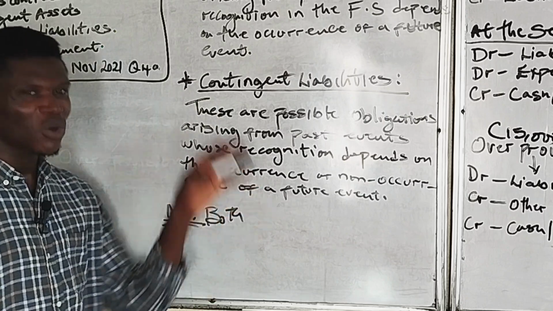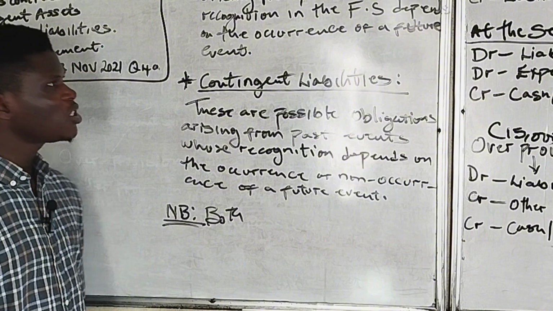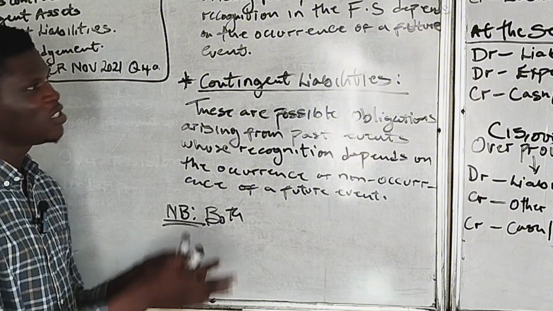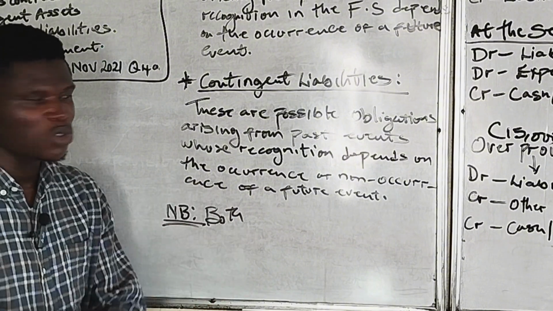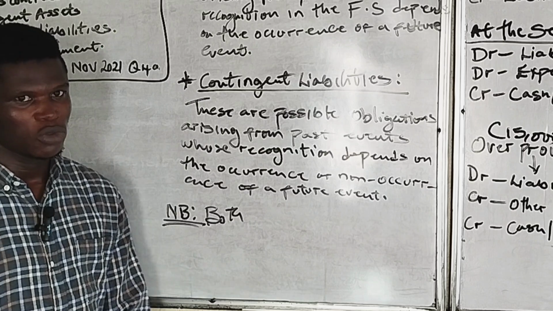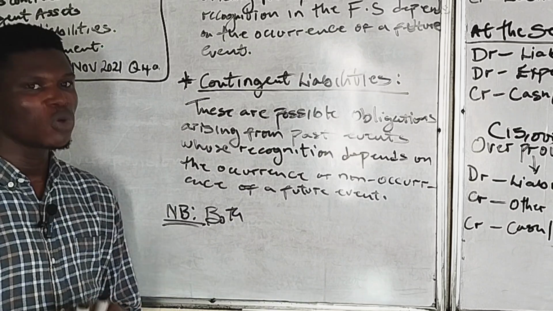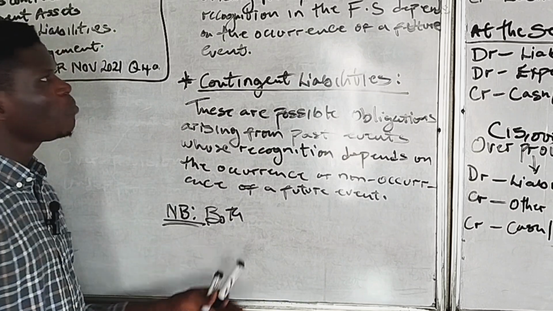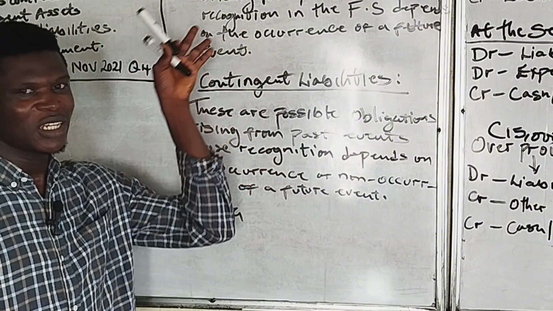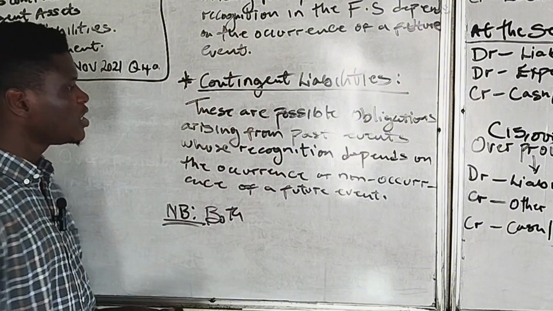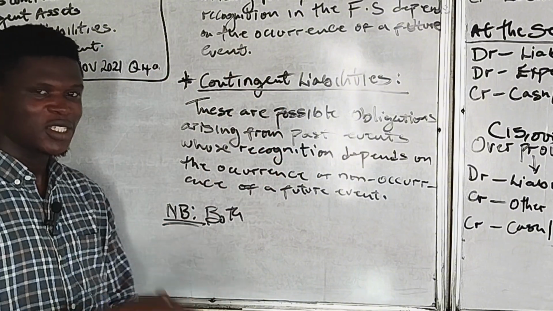So both of them should not be recognized in the financial statement. They should only be disclosed as a note in the financial statement. But they should not be recognized as an asset or as a liability, since they do not have 100% certainty.